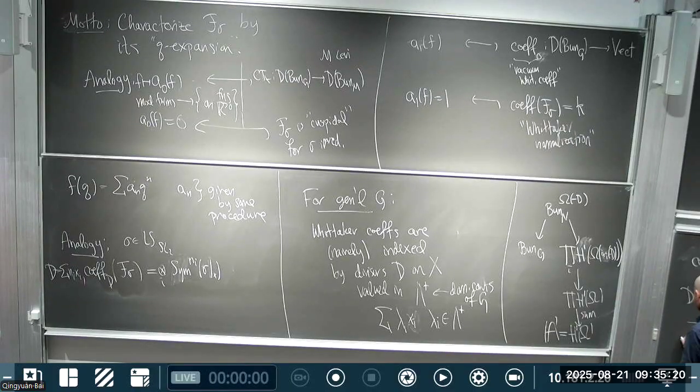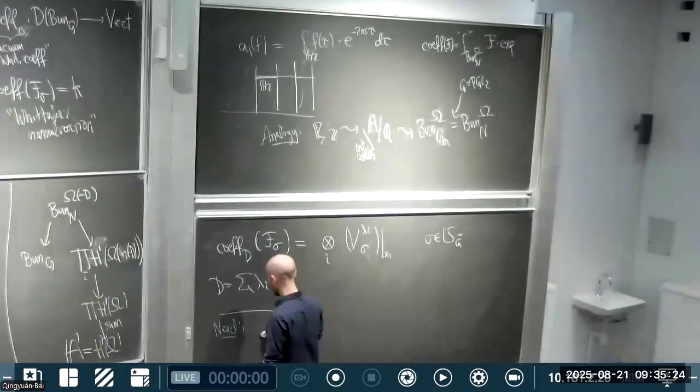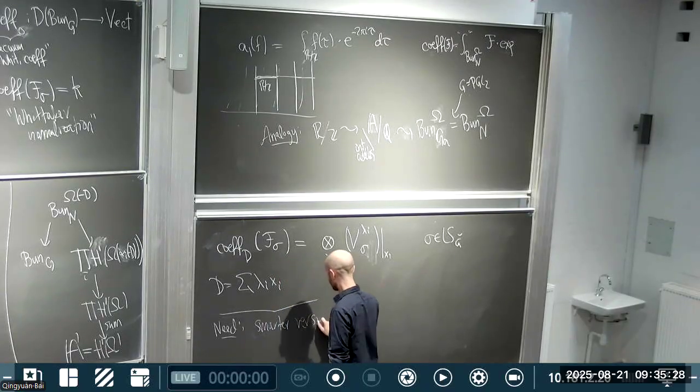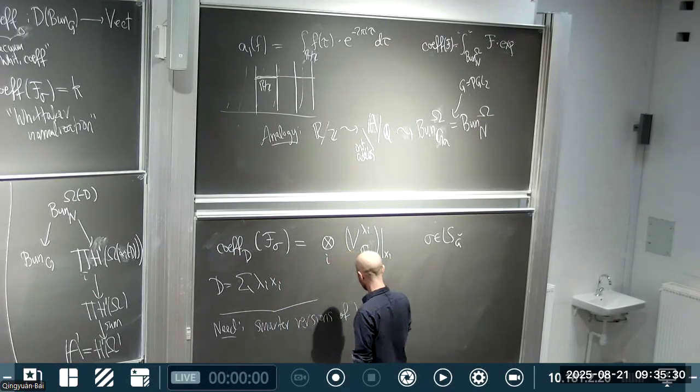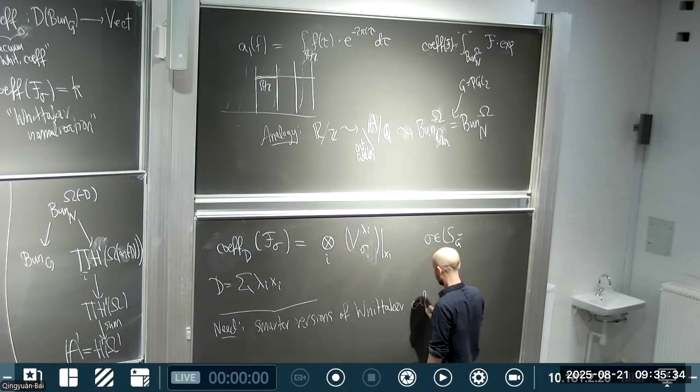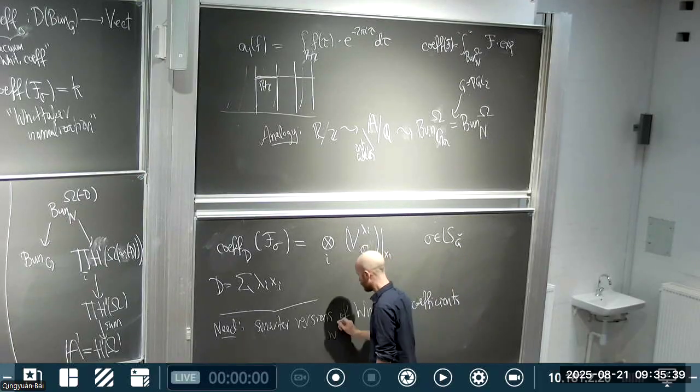There's not enough geometry. So what we need is smarter versions of Whittaker coefficients that have more geometry.